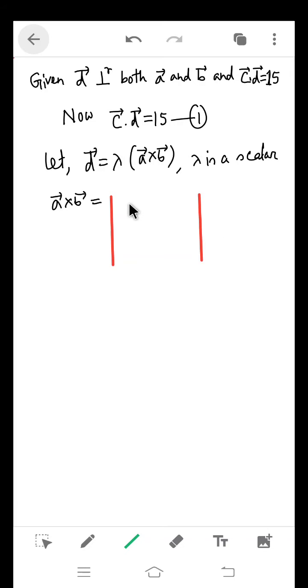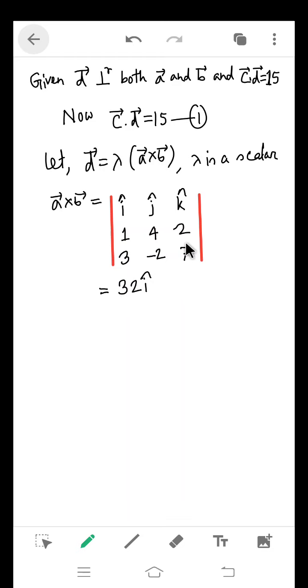So what is A cross B? First of all there will be i, j and k. The components of A are 1, 4, 2, and the components of B are 3, -2, 7. Taking the cross product, 28 plus 4, that will be 32 i cap.